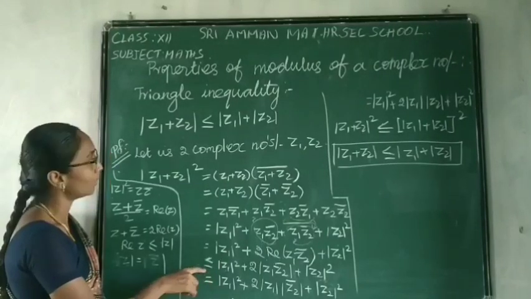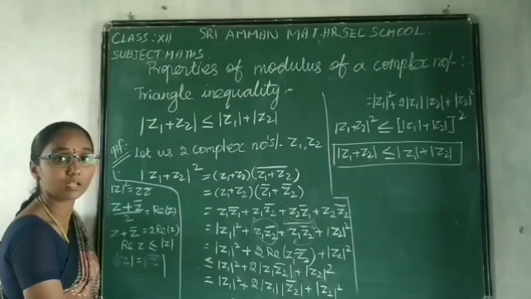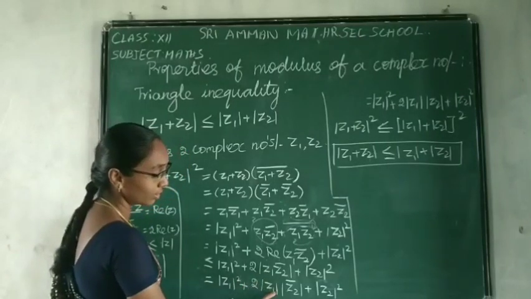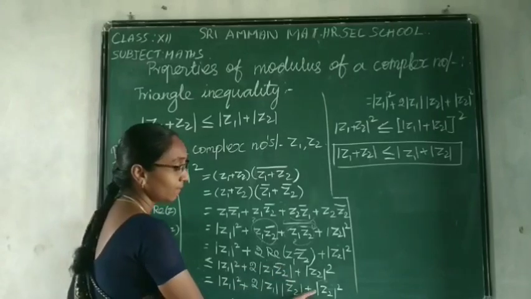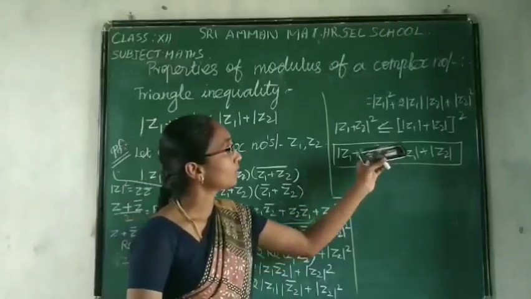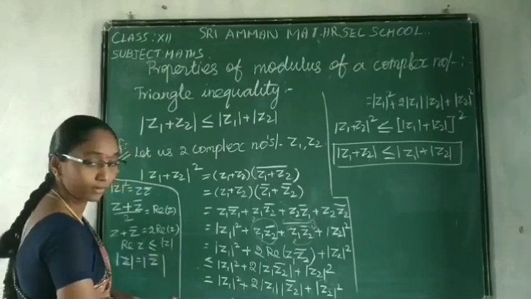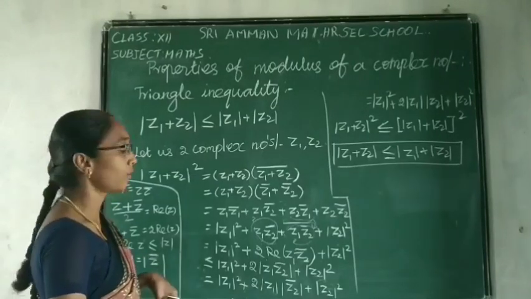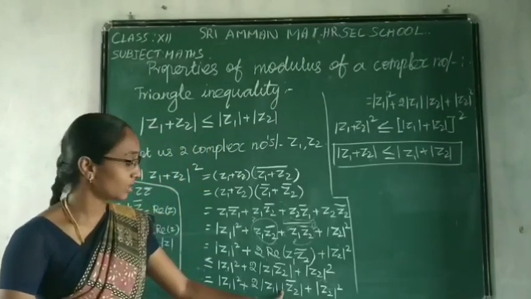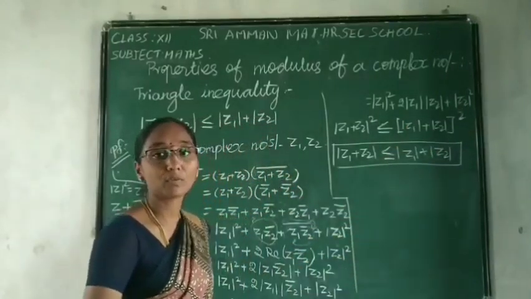Modulus of z1 plus z2 the whole square is less than or equal to modulus of z1 square plus 2 into modulus of z1 modulus of z2 bar plus modulus of z2 the whole square. You understand? Now modulus of z equals modulus of z bar, so modulus of z2 bar is also written as modulus of z2. These two values are equal.